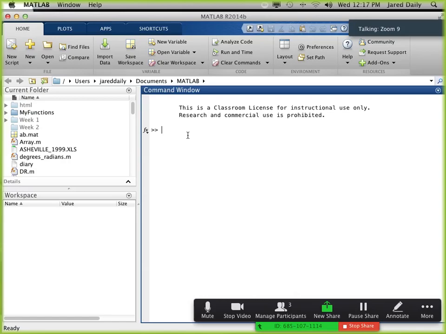So in Chapter 8, we're going to be doing logical functions and selection structures. This is where we can start making a program that can make pretty good decisions based on input and based on the program that we write.